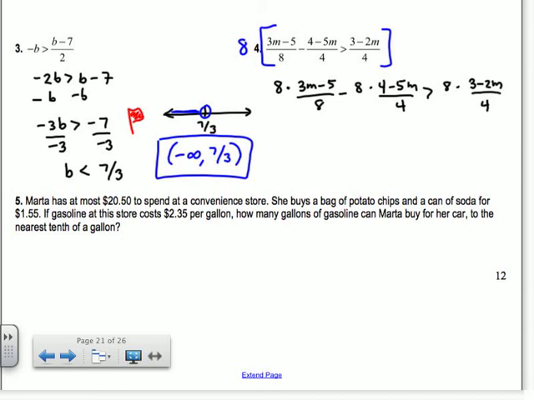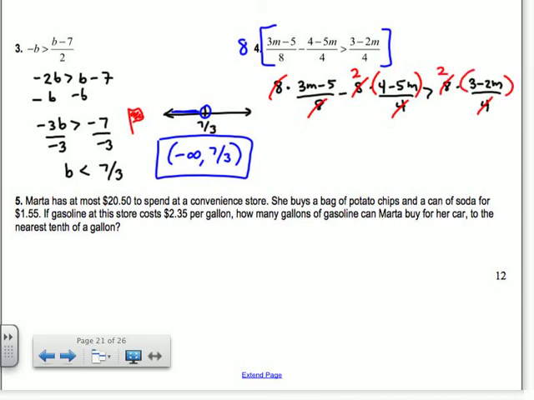Okay, now think about, oh, I always hate when my screen goes off. Do you guys see that 3 minus 2m over 4? Think about what happens to your denominators. 8 and 8 cancel. 8 and 4 reduce, right? What do they reduce to? 2. 8 and 4 reduce to 2, like 8 over 4 is the same as 2.